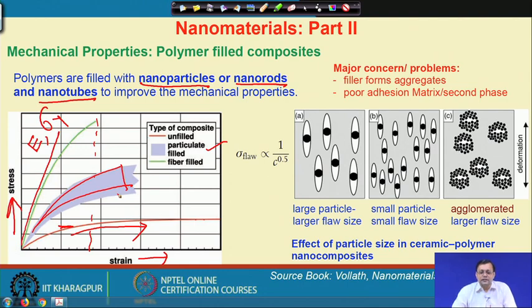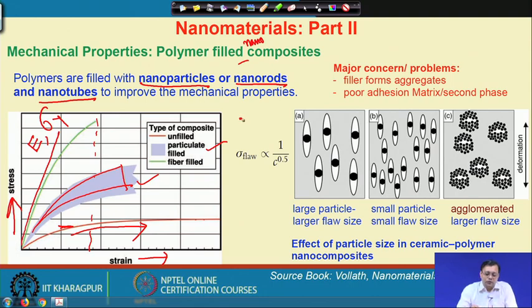Now, the question arises, why does such behavior exist in case of particle filled composite, and what are the reasons? The major problem for making such a nanocomposite is that the filler should not agglomerate.